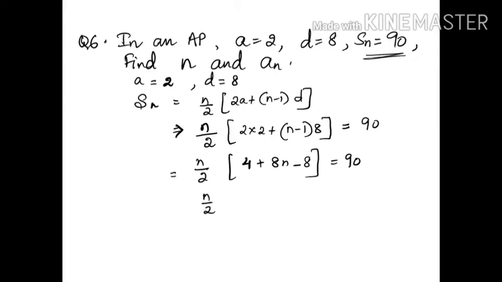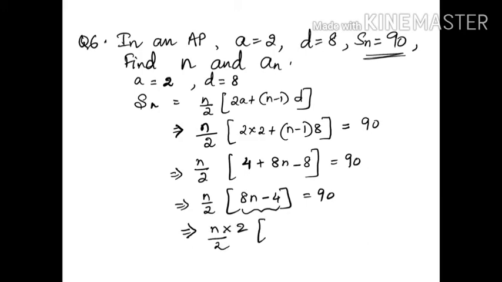n upon 2 into (8n plus 4 minus 8), which will give us minus 4. So n upon 2 into (8n minus 4) equal to 90. We can take 2 common from this bracket. So we are left with n into (4n minus 2) equal to 90, so this 2 and 2 get cancelled.